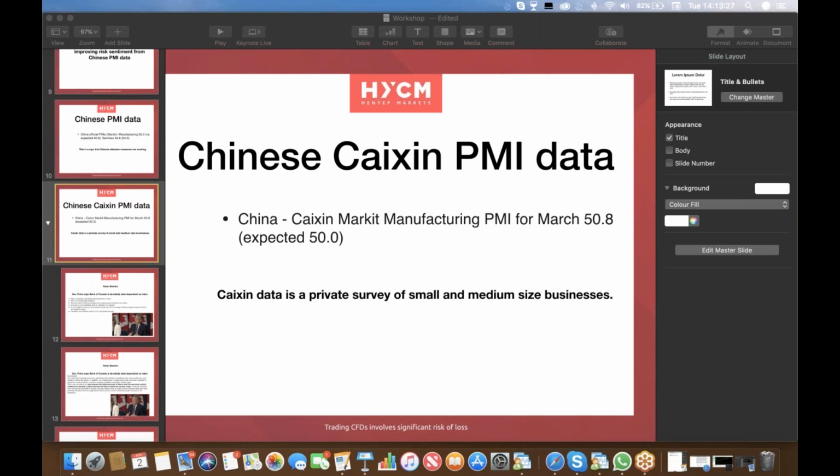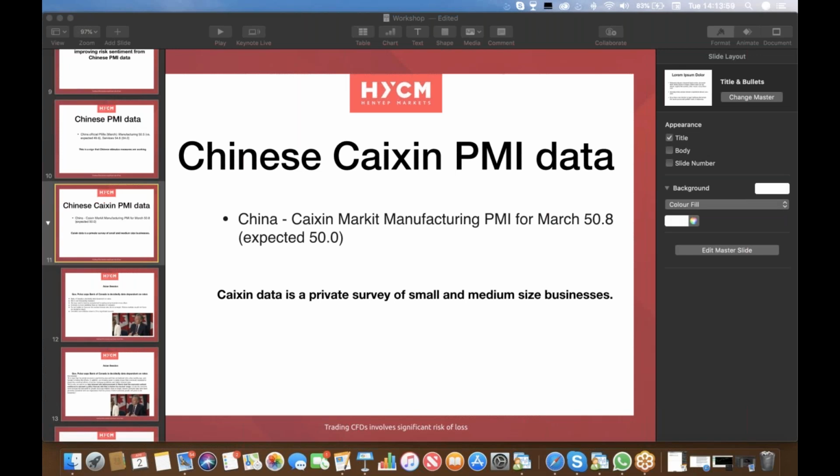The currencies that appreciated were the Australian dollar, the New Zealand dollar, and the Canadian dollar. They're known as the commodity currencies, and particularly the Australian dollar and the New Zealand dollar tend to appreciate in a risk-on situation. And again, remember, what's good for China is good for Australia. About 30% of Australia's GDP comes directly from trade with China.